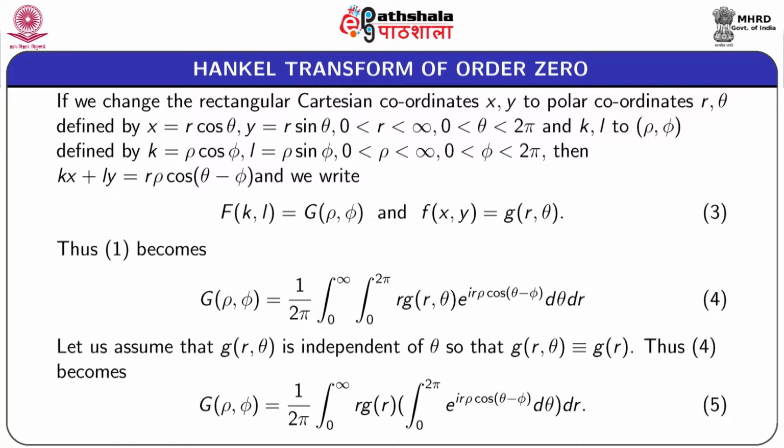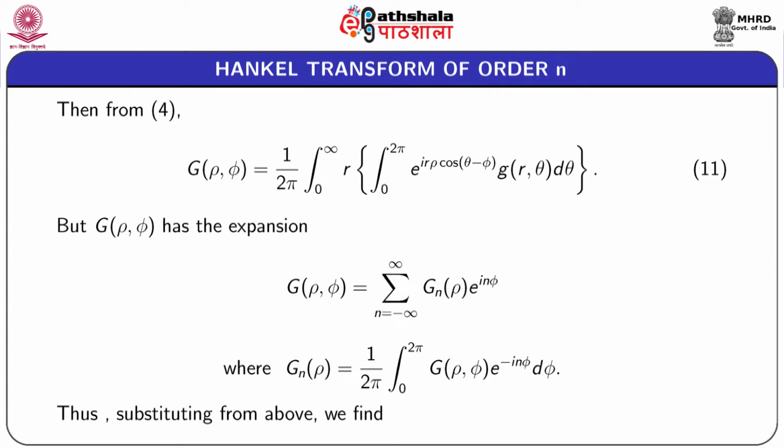Now, from equation 4, this equation is obtained from the two-dimensional Fourier transform in polar coordinates. So, we get G rho phi equal to 1 by 2 pi integral from 0 to infinity r dr integral from 0 to 2 pi e to the power I r rho cos theta minus phi g r theta d theta.